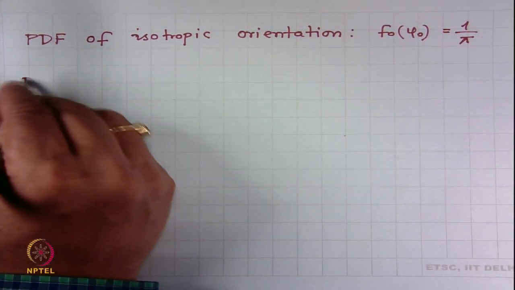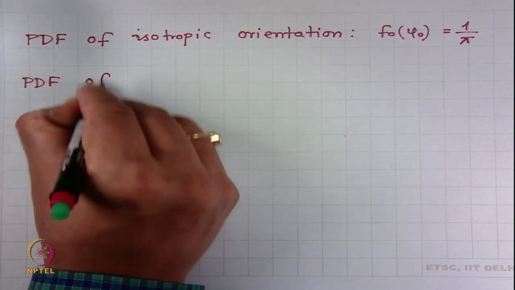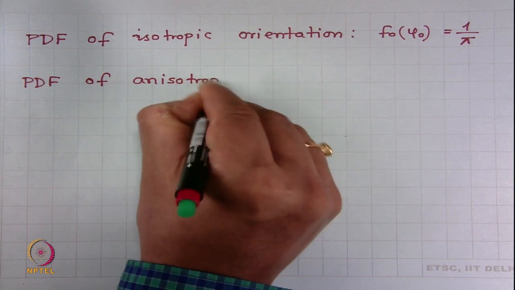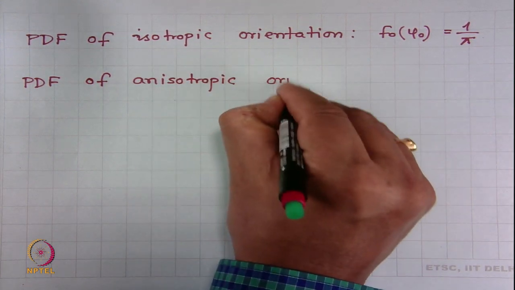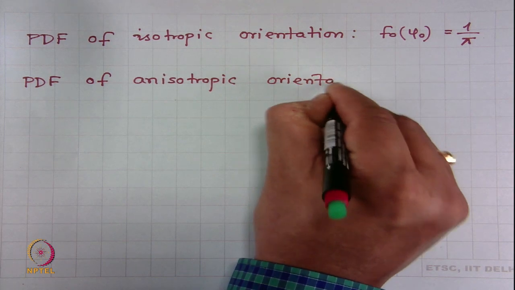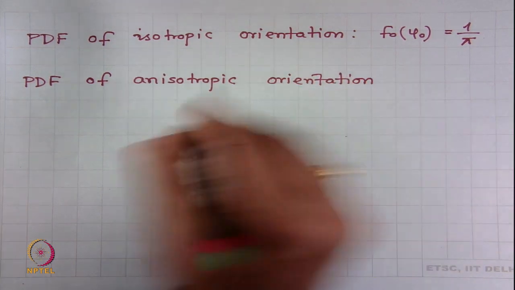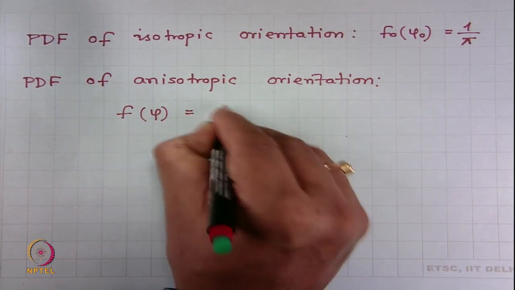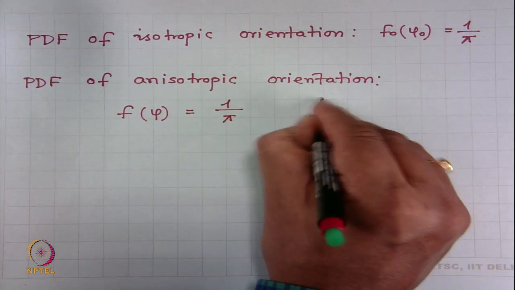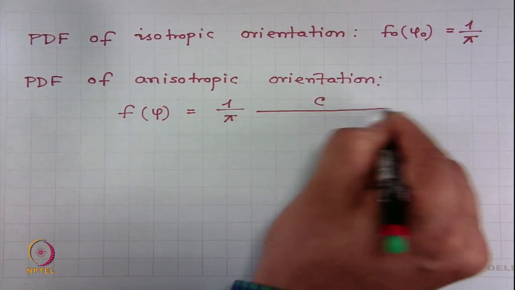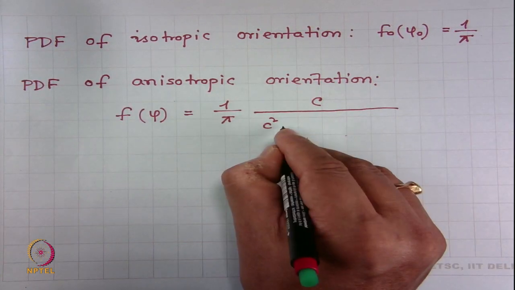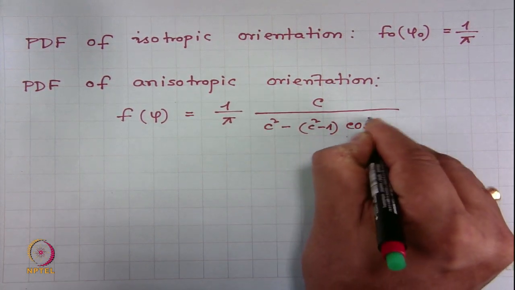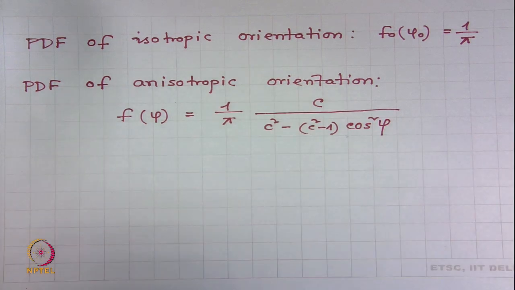And PDF of anisotropic orientation: f psi is 1 by pi times c by c square minus c square minus 1 cos square psi.